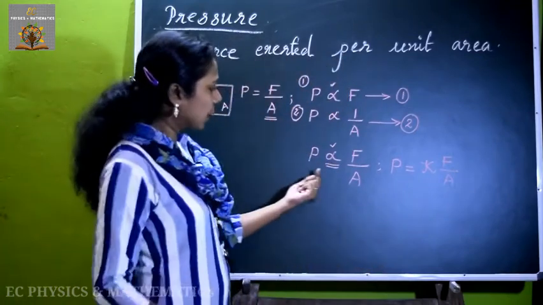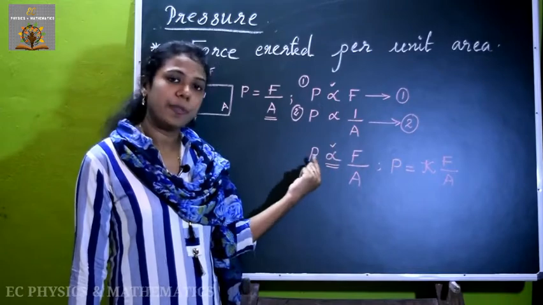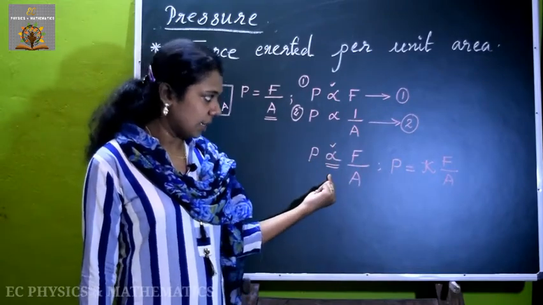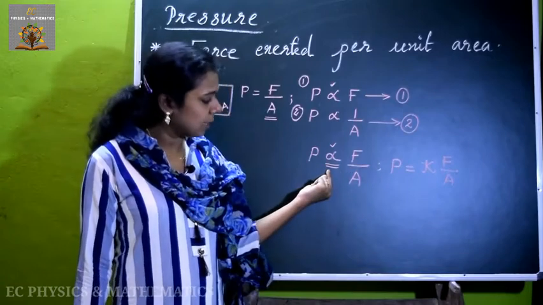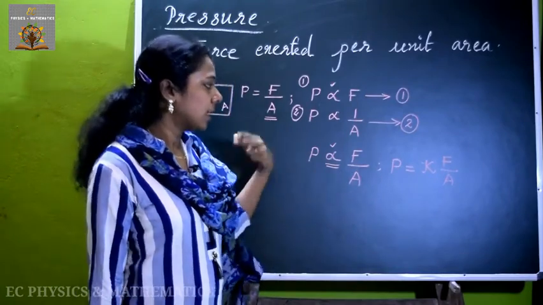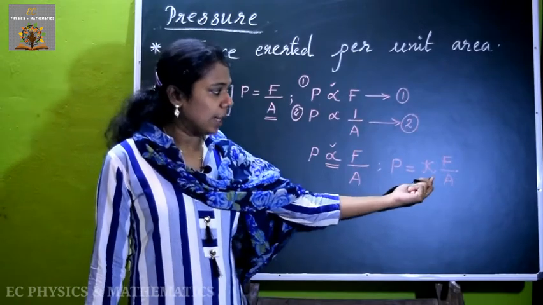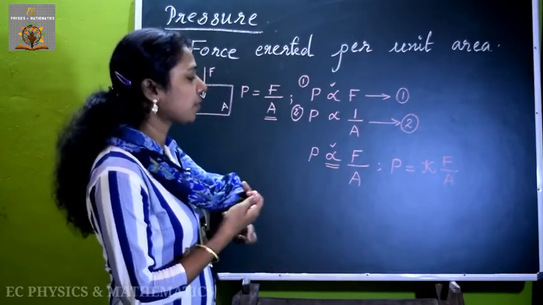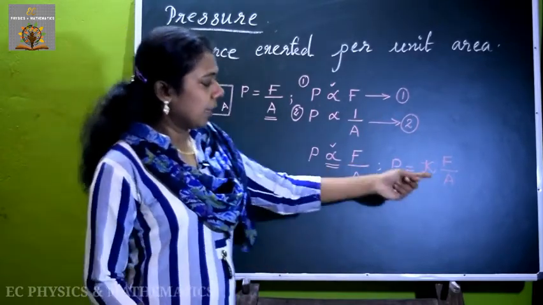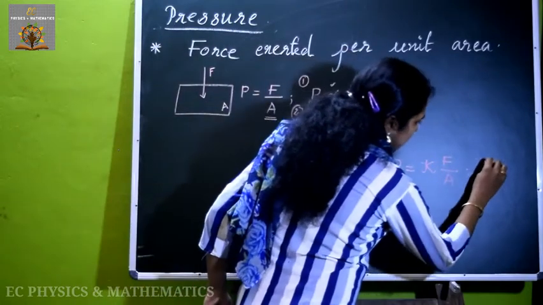To remove this proportionality sign, we are introducing a constant, that is K. Then this proportionality sign will change into an equal sign. So P is equal to K into F by A. In this pressure equation, we are taking the value of K as 1.